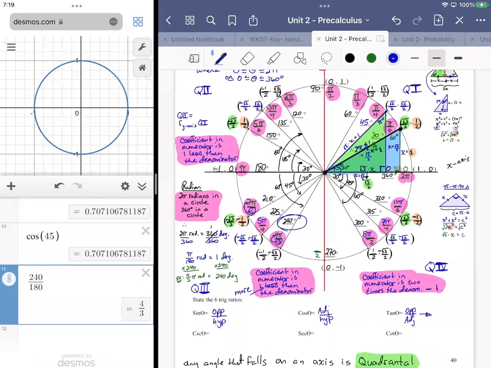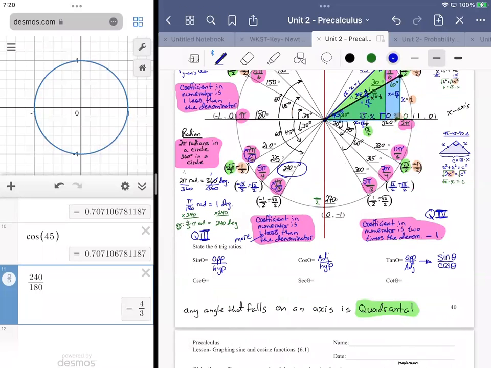A consequence of tangent being opposite over adjacent is that it's also the result of taking the sine function, sine of theta, and dividing it by cosine. So that's equivalent. If I take the tangent ratio, opposite over adjacent, or if I take the two separate ratios, opposite over hypotenuse and adjacent over hypotenuse, and divide them, I will get the same thing.